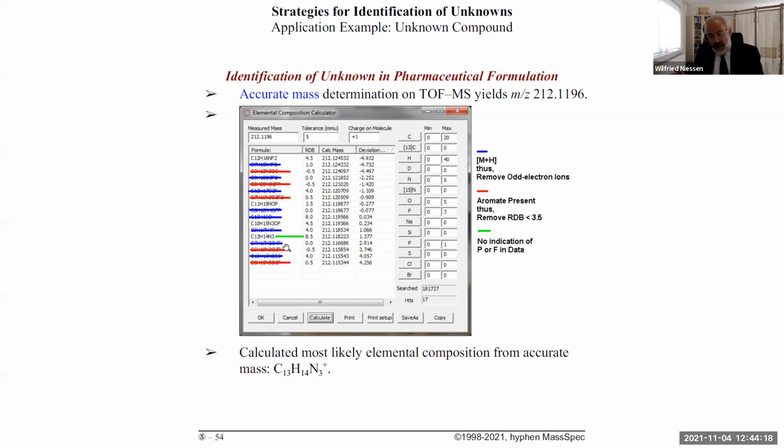And these elemental compositions I start searching in compound databases like ChemSpider or PubChem. And when I do so, I don't get any hits for the 2 compounds with the fluorine, nor for the compounds with the phosphor.